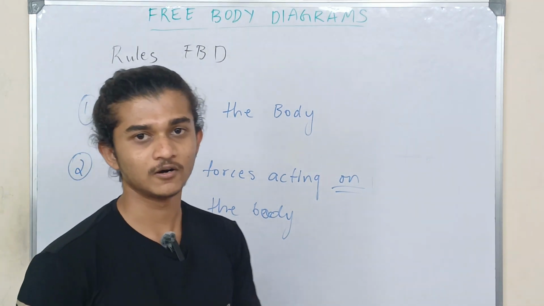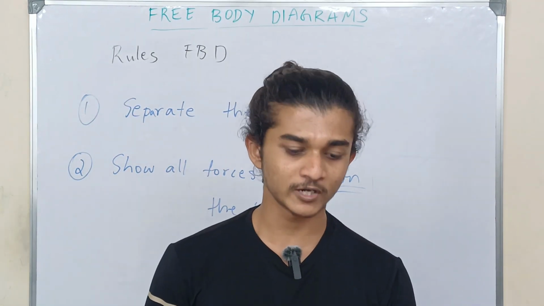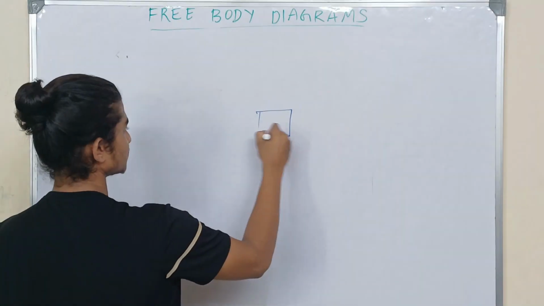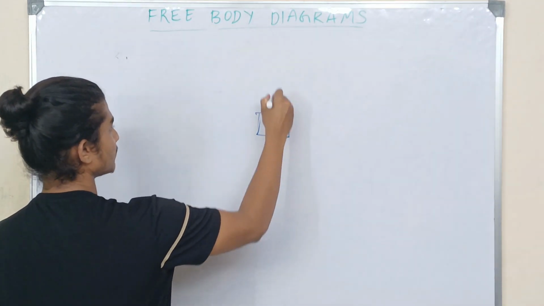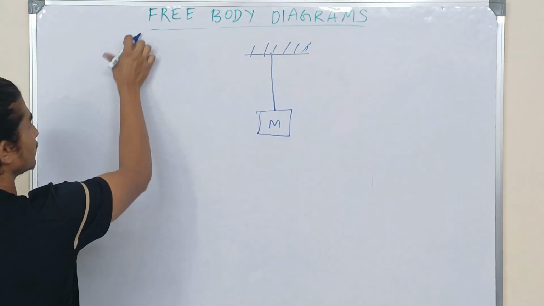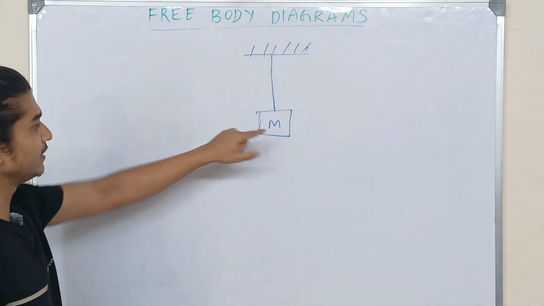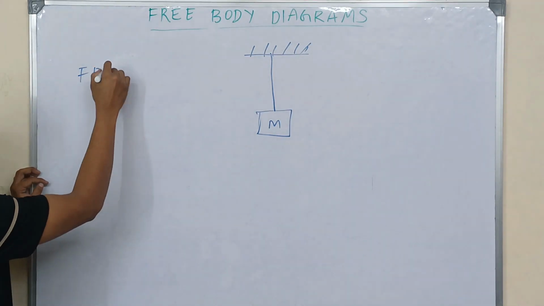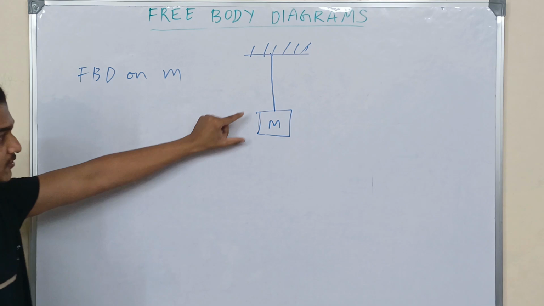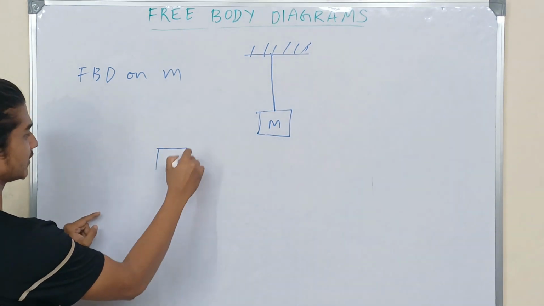So I'm going to do a few examples to show you how to write free body diagrams. Let us try the first one. Suppose you have a block here of mass m. It's been tied to the ceiling of the roof. So we have to find the FBD of mass m. First you have to separate the body, so I'll write it separately.